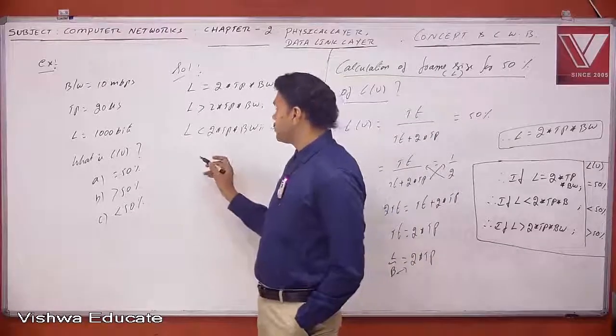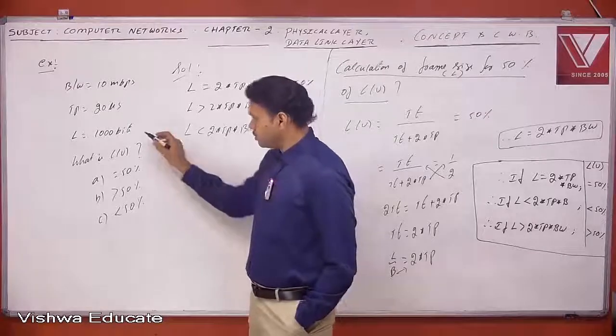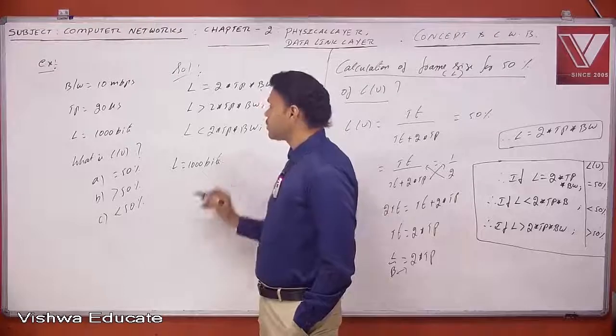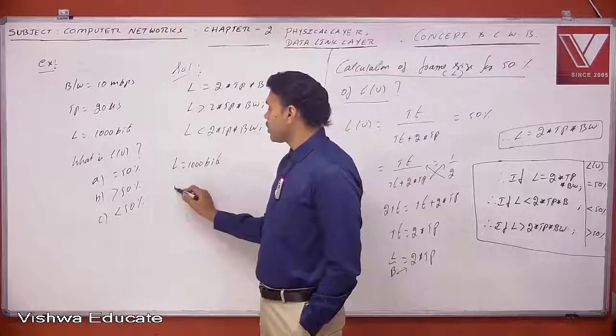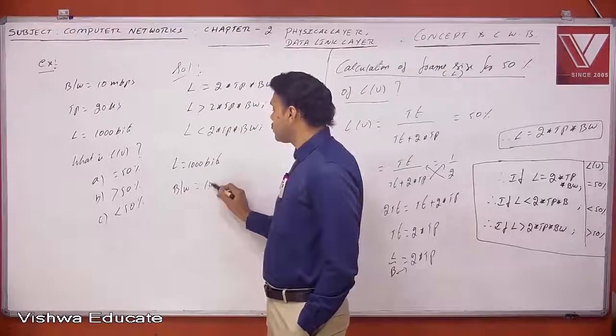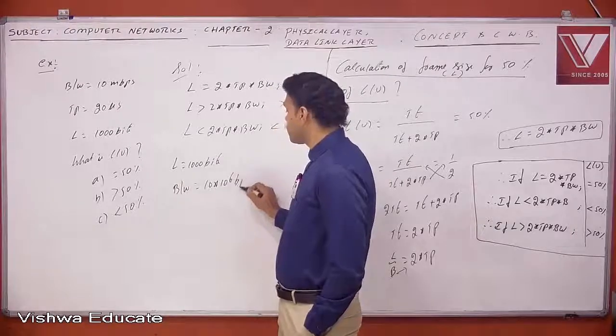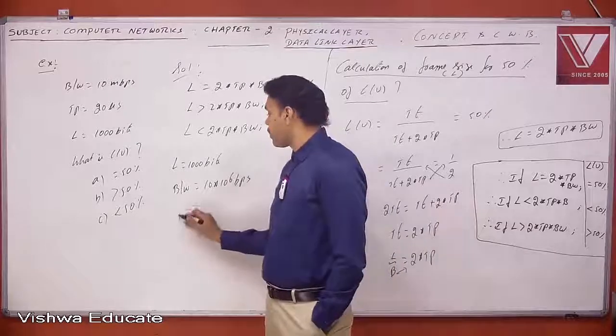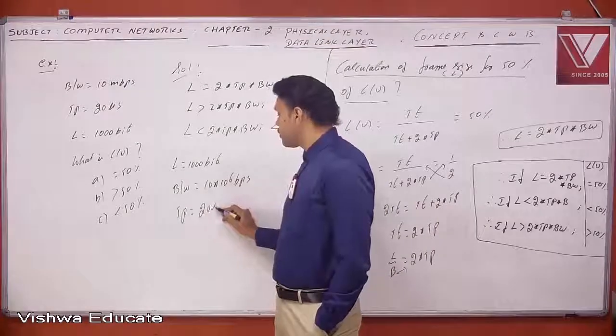So what is that? L is equal to 1000 bits. Bandwidth is equal to 10 into 10 power 6 bps, because 1 Mbps is nothing but 10 power 6 bps, and TP is nothing but 20 microseconds.